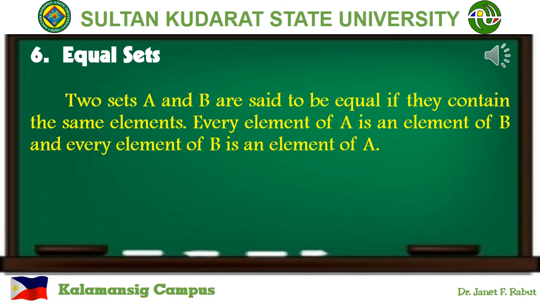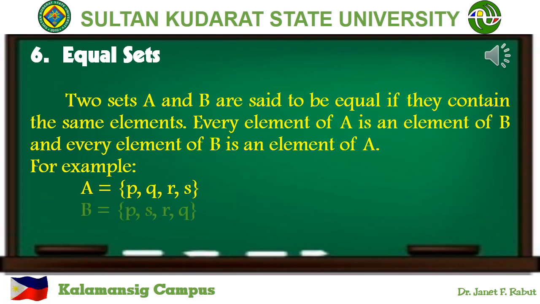For example, set A is a set of P, Q, R, and S, and set B is a set of P, S, R, Q. As you can notice, whatever the elements of B are can be found in A and vice versa, although the arrangement differs. Therefore, we can say that set A is equal to set B.